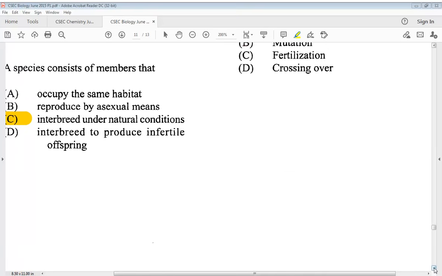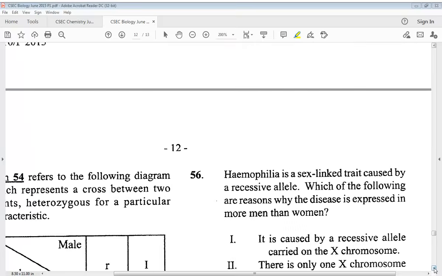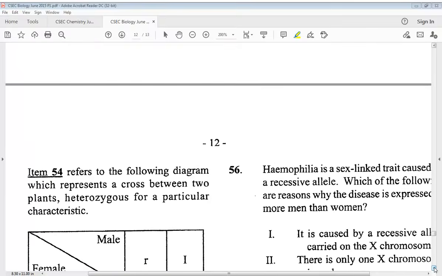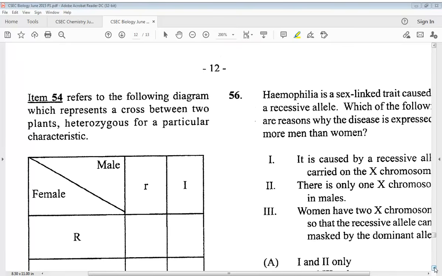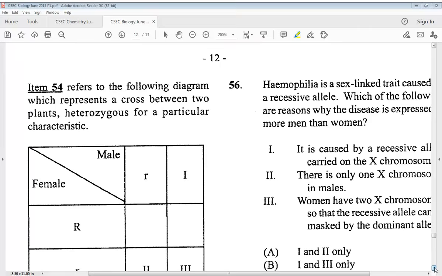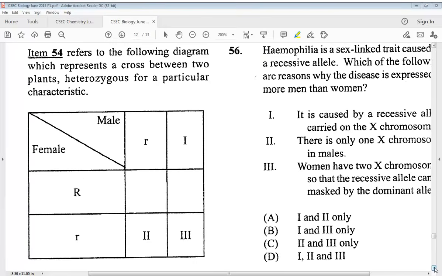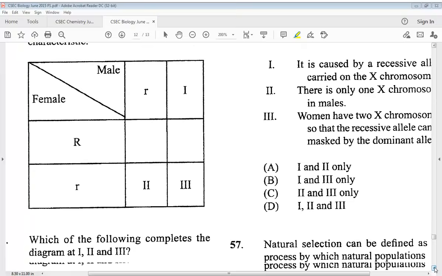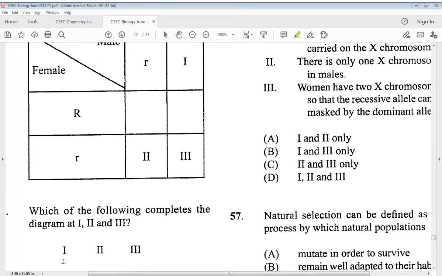Let's go to 54. So item 54 refers to the following diagram, which represents a cross between two plants, heterozygous for a particular characteristic. So there you have it. So the answer for 54.